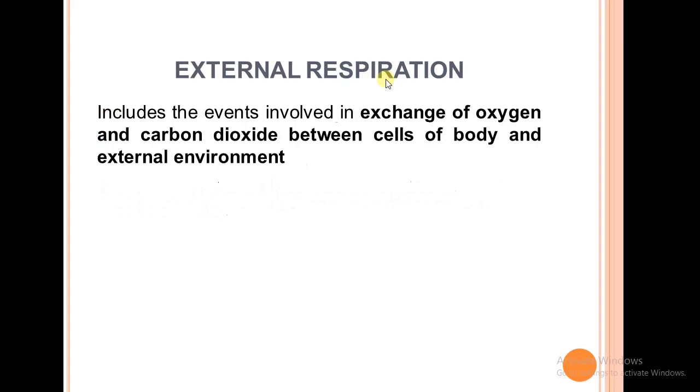The other type is external respiration. Now, external respiration is the exchange of oxygen and carbon dioxide between the cells of the body and the external environment. Means making oxygen available to the tissues and removing carbon dioxide from the tissues is external respiration, while utilizing oxygen to obtain energy from the nutrients and production of carbon dioxide during this process is the internal respiration.